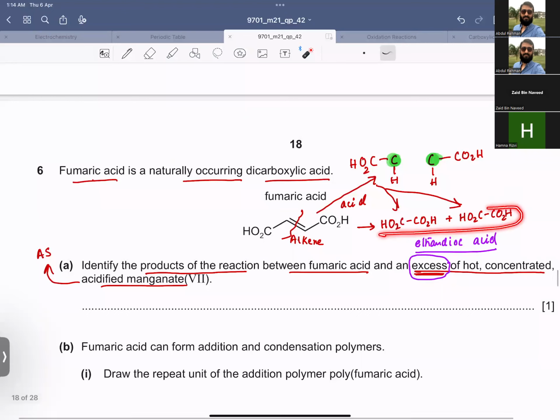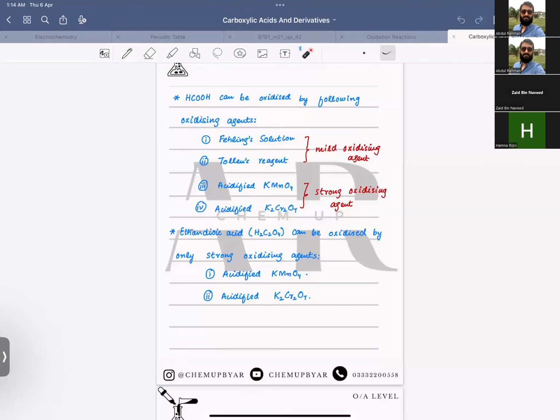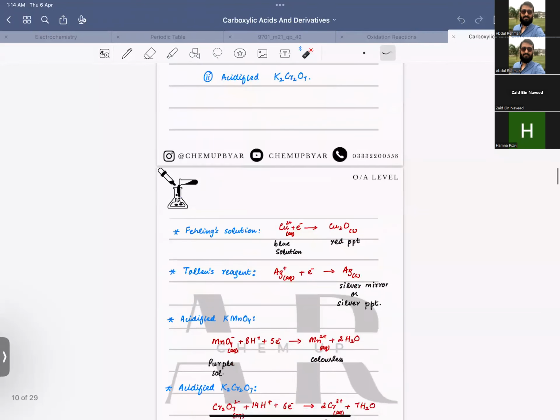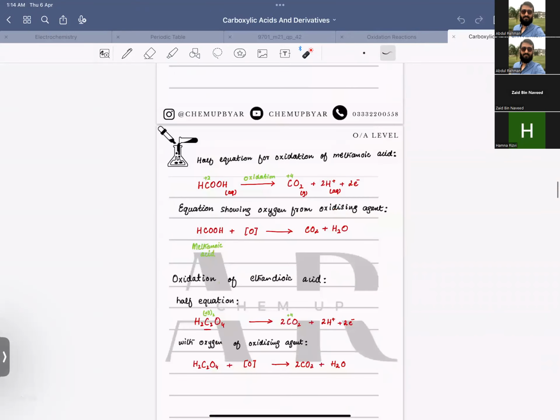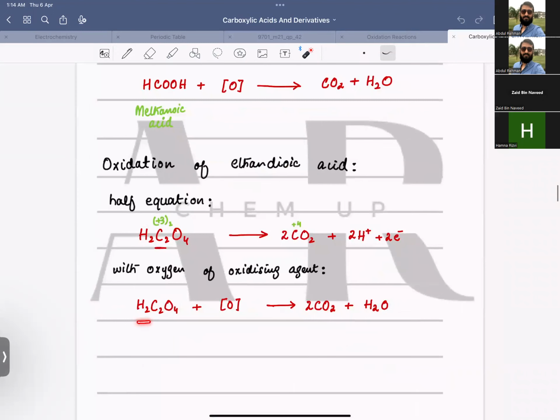And if you see over here, we are getting ethane dioic acid. So when ethane dioic acid oxidizes, our products are carbon dioxide and water. So this would be my answer.